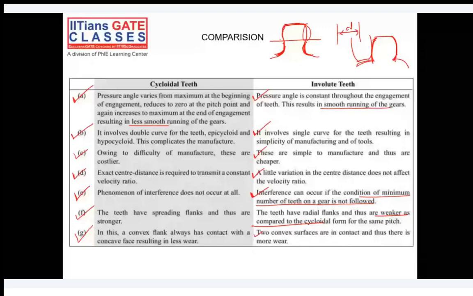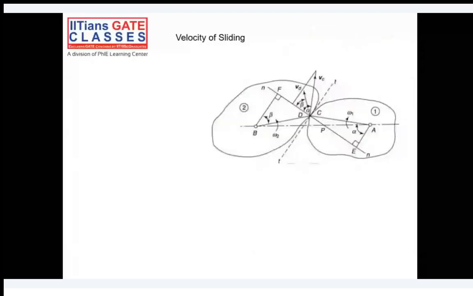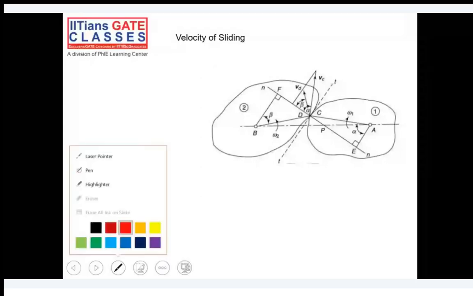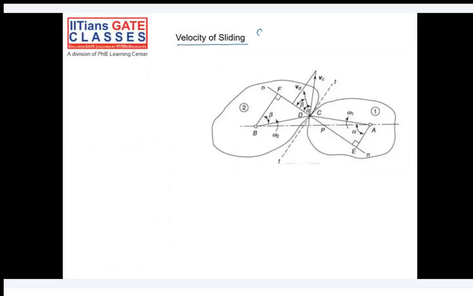So there is one part, or a couple of parts, we have to study now. Some relationships, basically. What is velocity of sliding? Whenever we started studying the law of gearing, I showed you the same figure, and I told you that along the common normal there should not be a separation or penetration, correct?